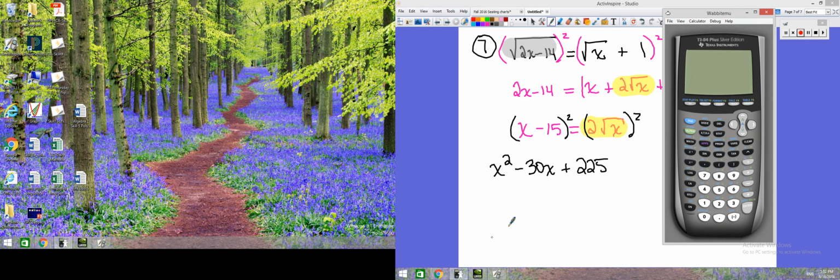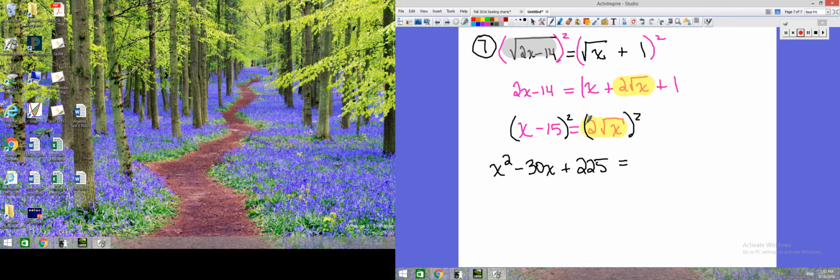You're going to laugh at me because I'm going to double check and make sure. Yeah, 225. All right. Don't forget to square that 2, and the radical goes away. So now get this in standard form. x squared minus 34x plus 225 is equal to 0.